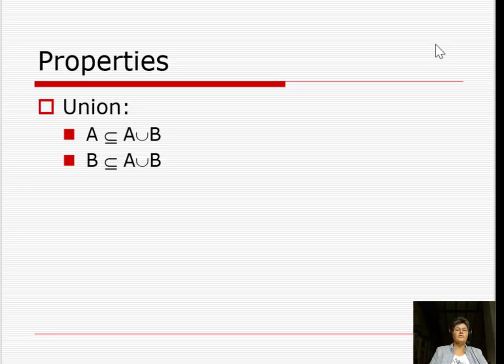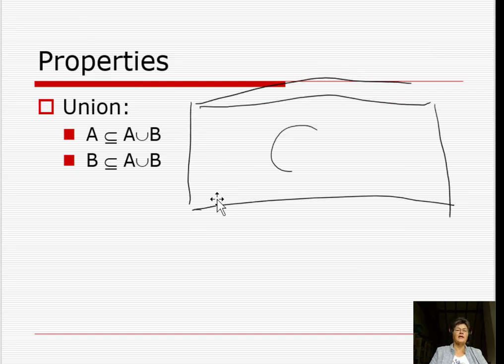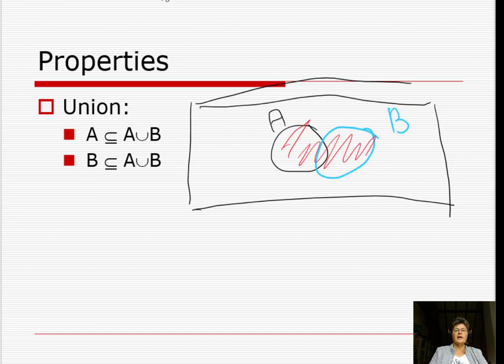Let's have a look at some of the properties of this union and intersection. One of the most obvious properties is that if we have two sets, let's say this is our universe, we have a set A and we have a set B, then the union is of course all the elements in A as well as in B. Then you can see that A is part of this complete set.